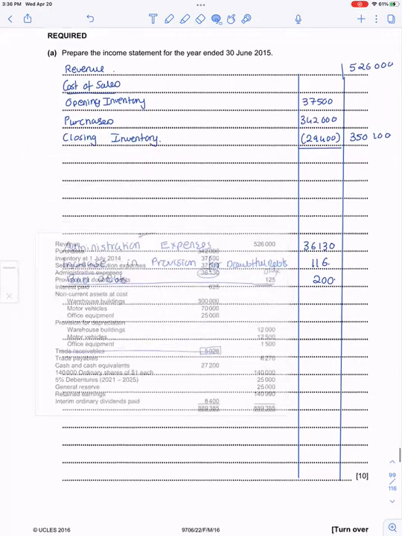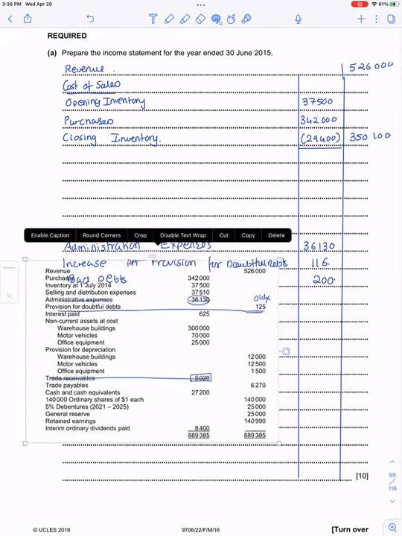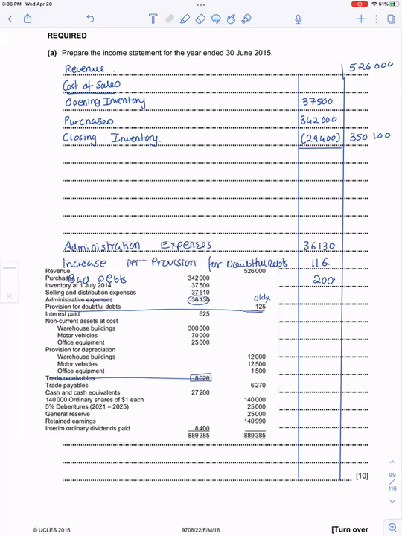Anybody has any doubts? Revenue minus cost of sales will give you what? Gross profit.